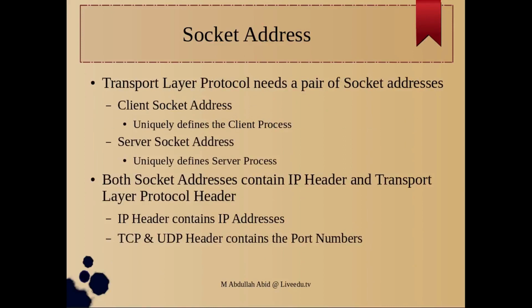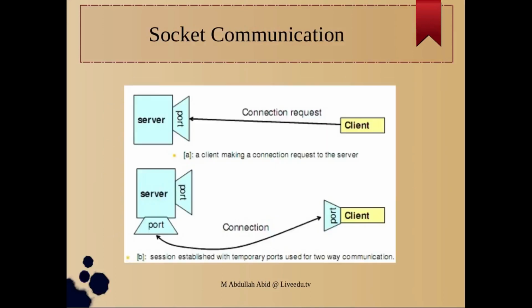Socket addressing: when we are communicating, we have uniquely identified processes, one on the client machine and one on the server machine, and both socket addresses contain an IP header and a transport layer header. The IP header contains the IP addresses, and TCP or UDP, both transport layer protocols, have the port numbers associated with them. We can only have a TCP or a UDP header included.